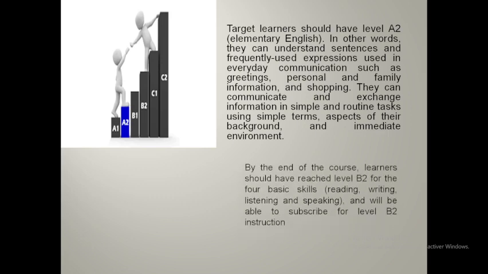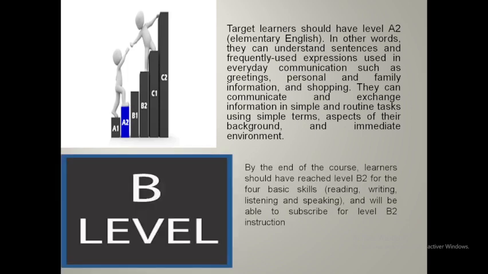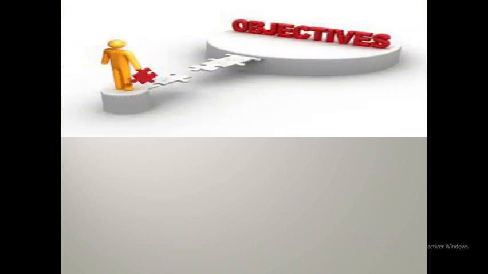By the end of the course, learners should have reached level B2 for the four basic skills: reading, writing, listening, and speaking, and will be able to subscribe for level B2 instruction.